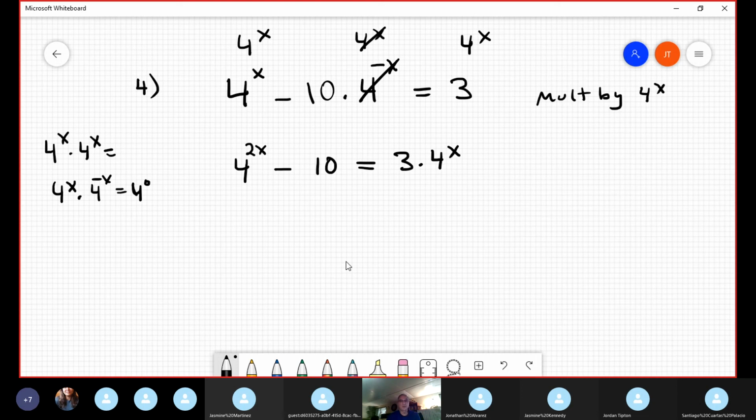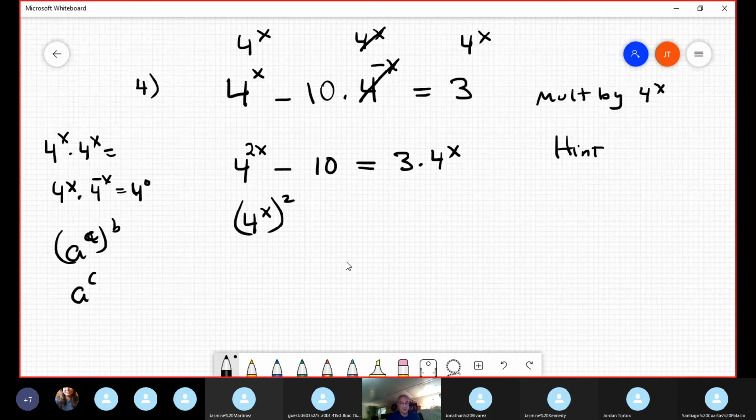Okay, maybe you are lost so far, but I want to give a hint. One hint is, let me write it in a different way, like that: 4 raised to the x, squared. Because remember the property for the exponent, when you have a to the b to the c, you multiply the exponents. So when you have different levels, you multiply the exponent.